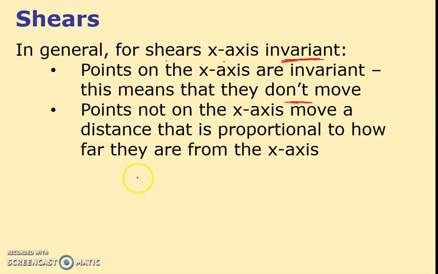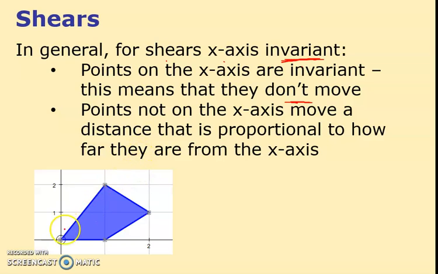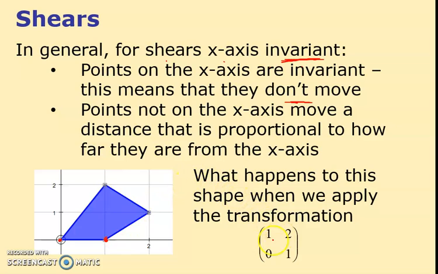In class, I'll try to show you what that means in terms of me standing on someone's foot and pushing them away. It might sound weird, but I'll show you what I mean by that. But for now, I want you to think of this here. So I've drawn a fairly dodgy looking shape, and you'll notice 2 of the points are on the x-axis. So those 2 points aren't going to move. They're going to stay exactly where they are when I do this, whatever it is to it.